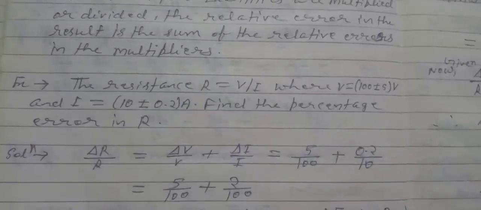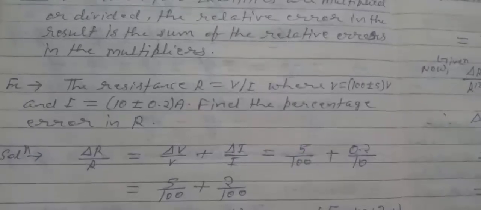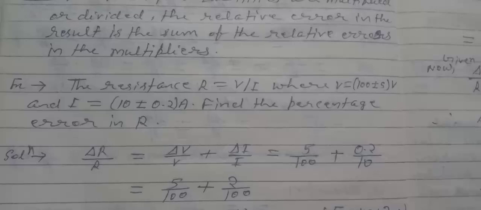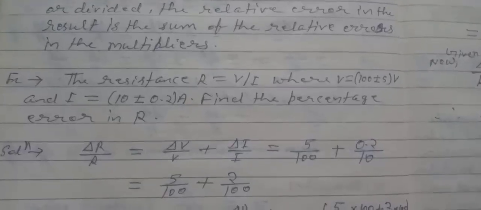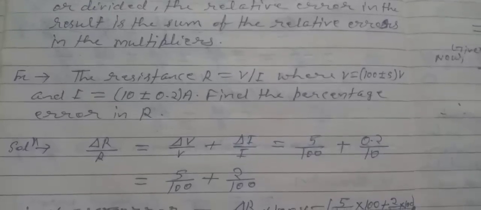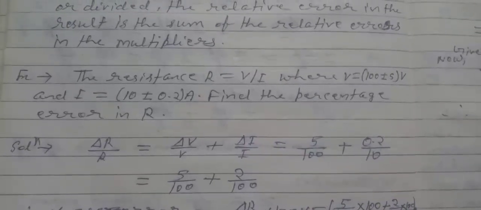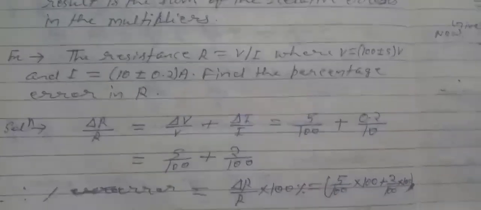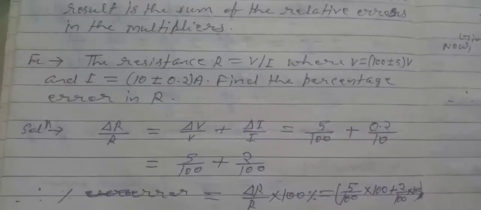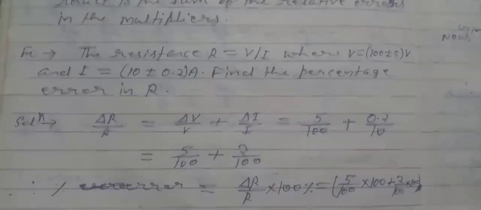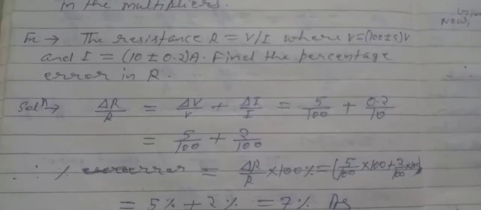Example: the resistance R equals V by I, where V equals 100 plus minus 5 volt and I equals 10 plus minus 0.2 ampere. Find the percentage error in R. We have delta R by R equals delta V by V plus delta I by I, 5 by 100 plus 0.2 by 10 equals 5 by 100 plus 2 by 100.